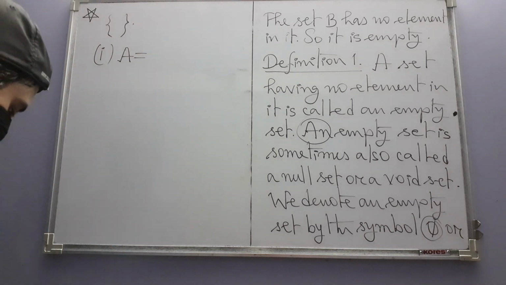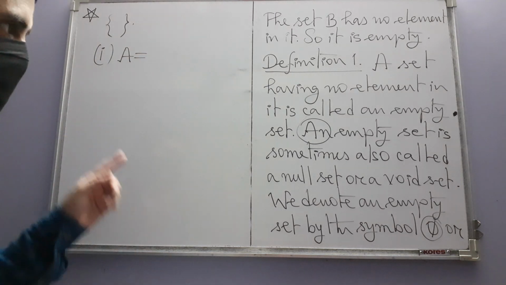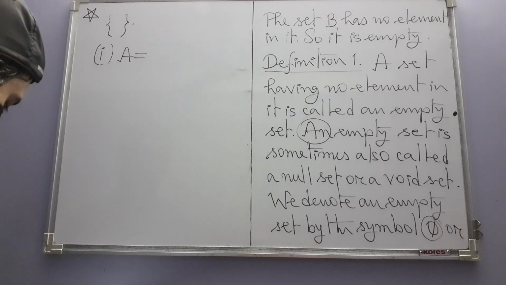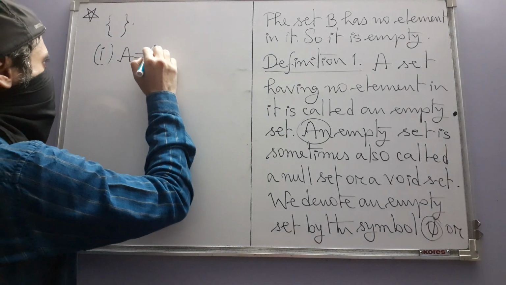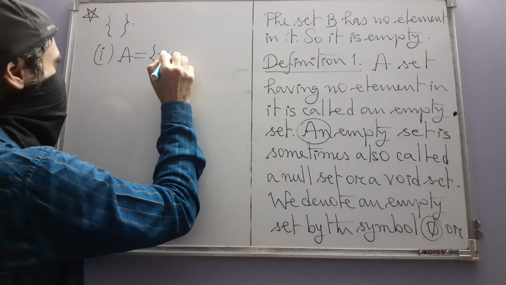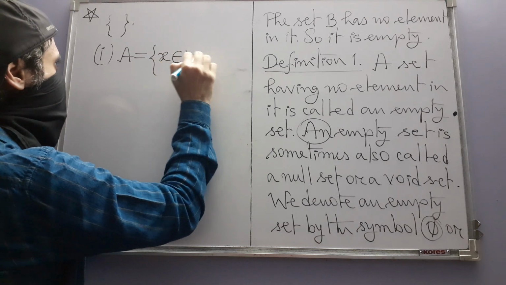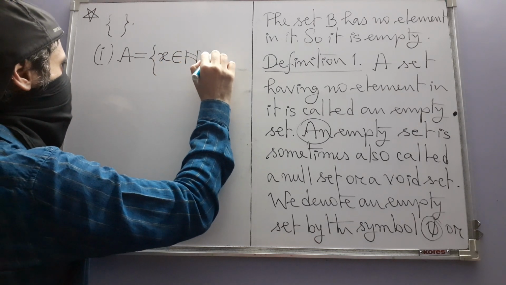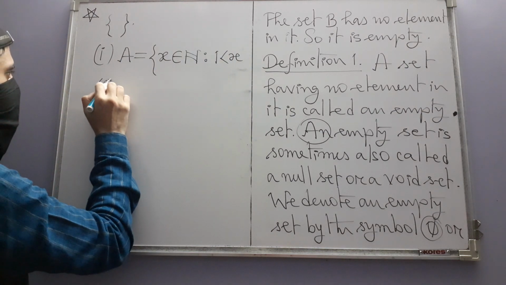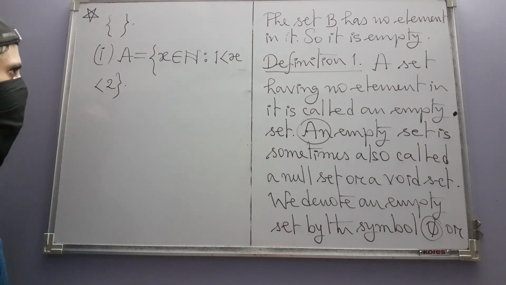Let us see this A. Do not confuse this A with our first example of A. That is something else. Okay. So it is the set of all natural numbers x such that x is greater than 1 and less than 2.